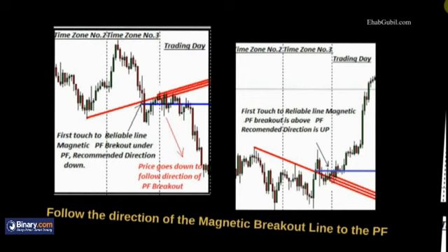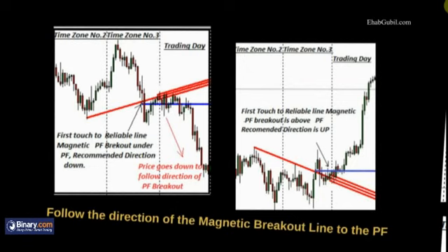We will represent the magnetic PF breakout as a horizontal line drawn from the first touch of price action to the reliable line and extended to the trading day or week that we are trading in. When you draw this horizontal line, as mentioned, you will find it positioned either under or above the PF of the trading day.